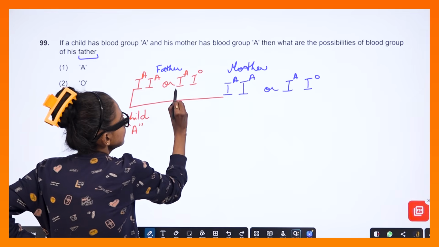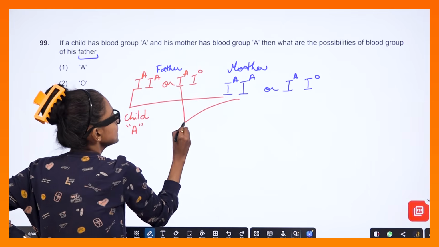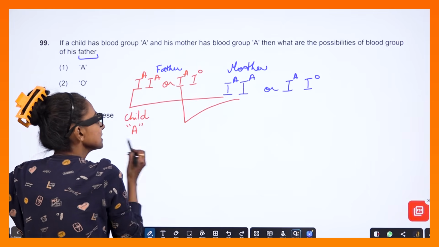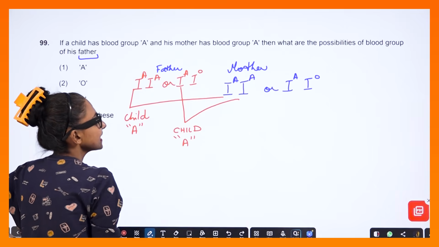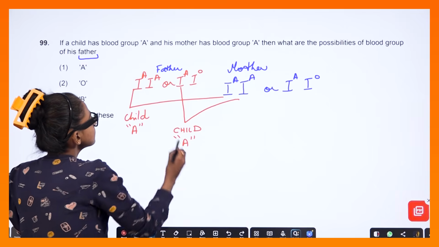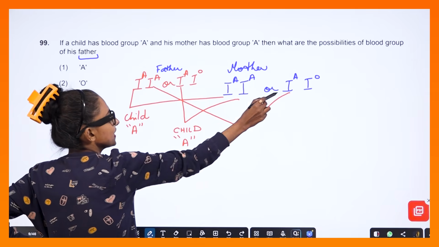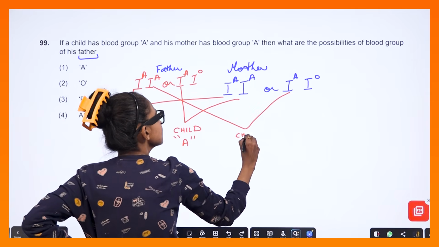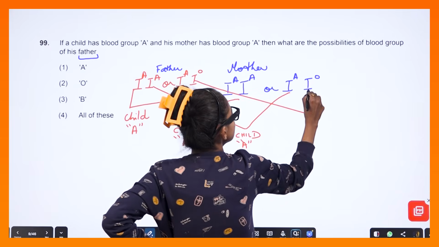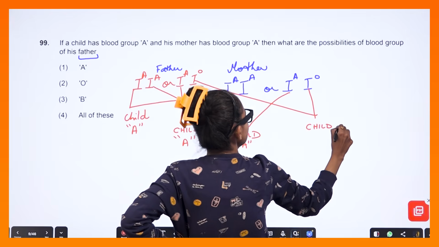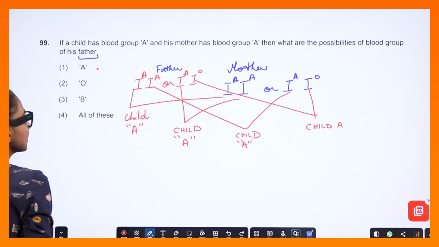If I take the genotype of the father as this and cross with this condition of mother, then also the child can be A. Homozygous father and heterozygous mother, then also the child can be A. So A can be a possibility that father has A blood group.